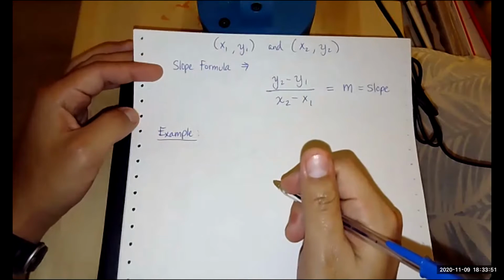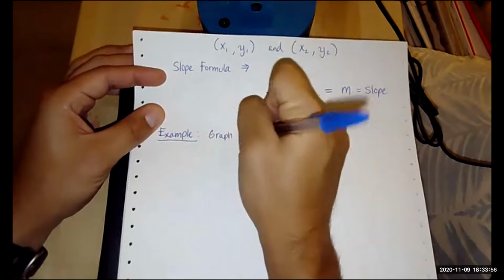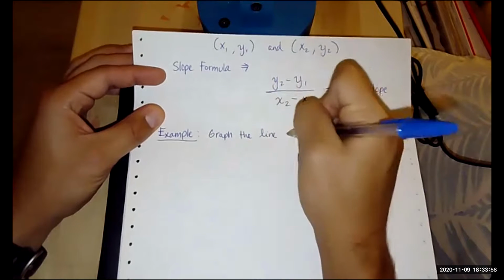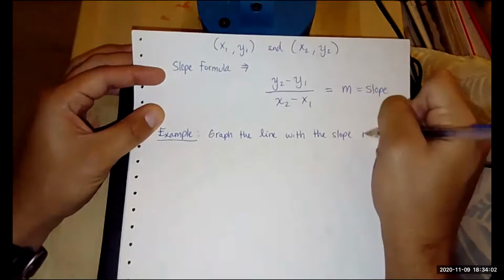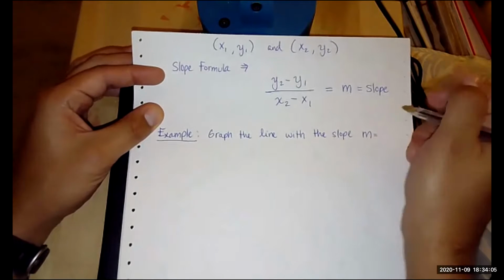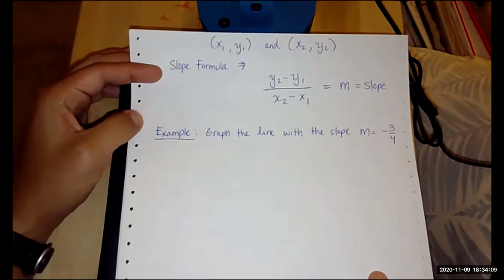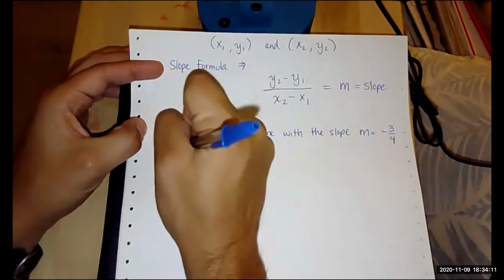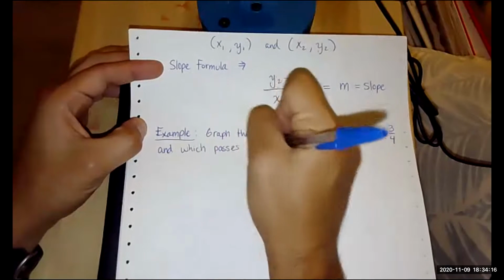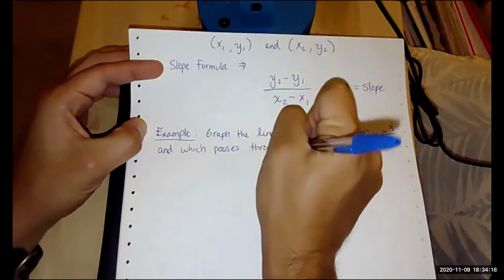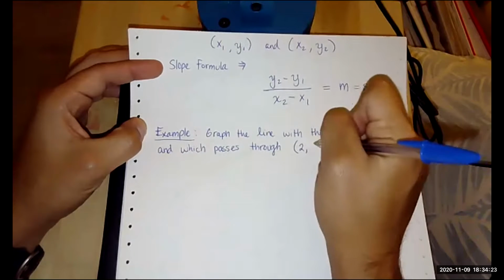This problem says, graph the line with the slope m is equal to -3 over 4 and which passes through the point 2, 5.